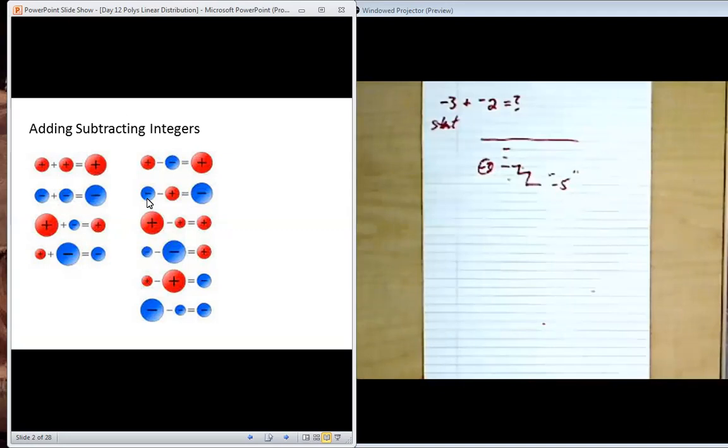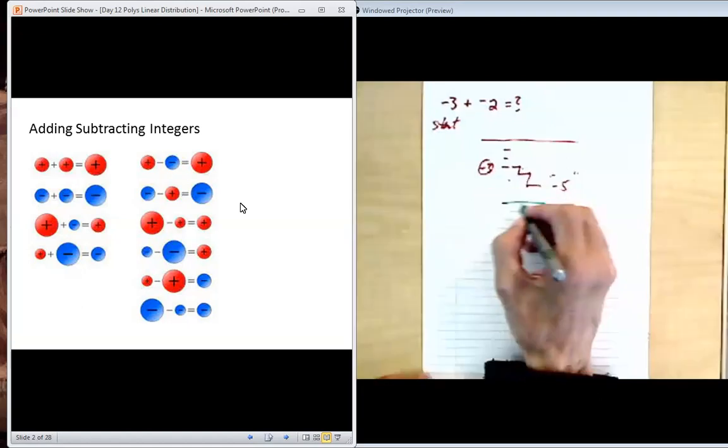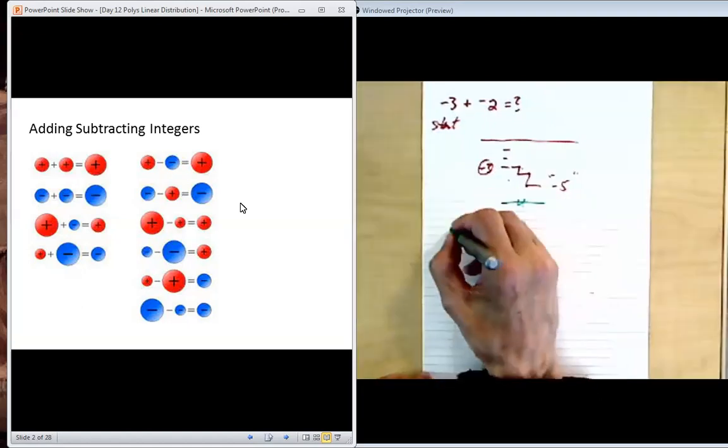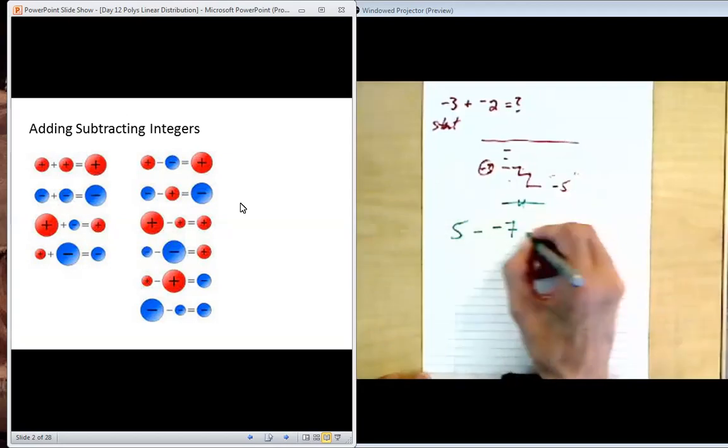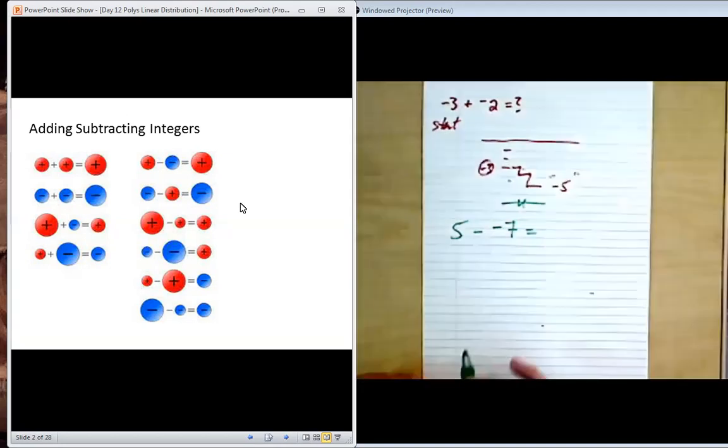Now, I've got a whole page of these coming up, I think even the next slide. So we can get good practice here. Now, an important relationship that I want you to be aware of is that if you subtract a negative, something very special happens.